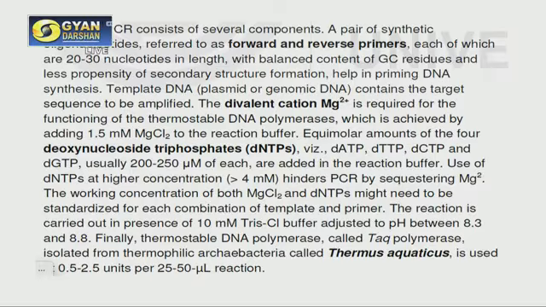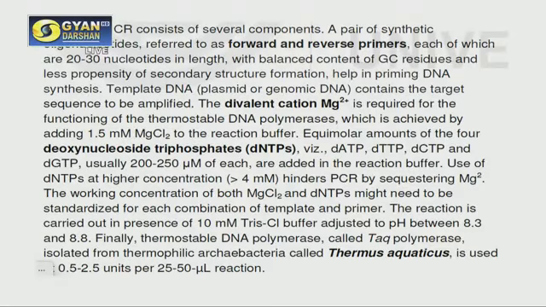So what are the important criteria for designing primers? Number one, their length, and number two, their nucleotide composition. These two things have to be kept in mind, in addition to the propensity of secondary structure formation.